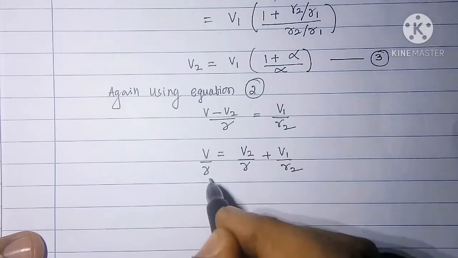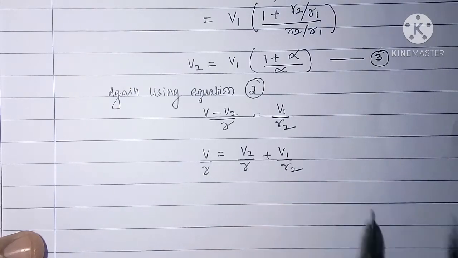We can write V by R equal to V2 by R plus V1 by R2.